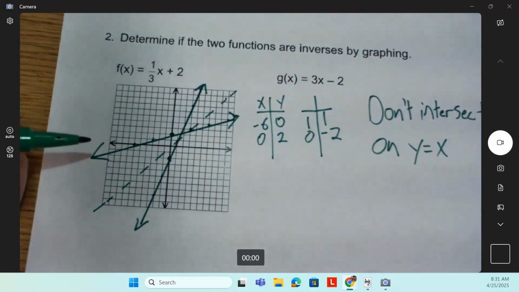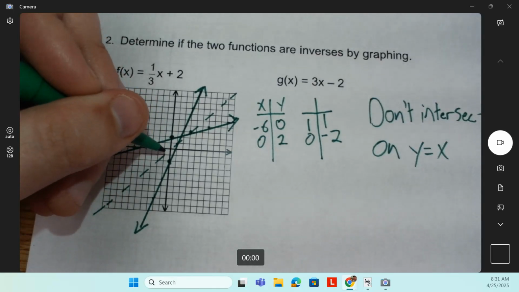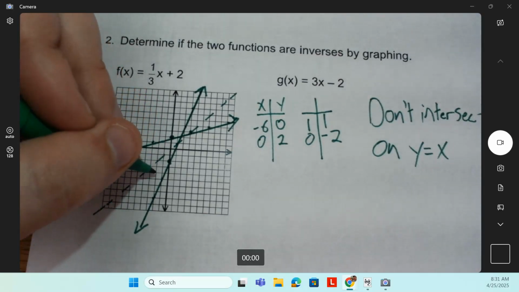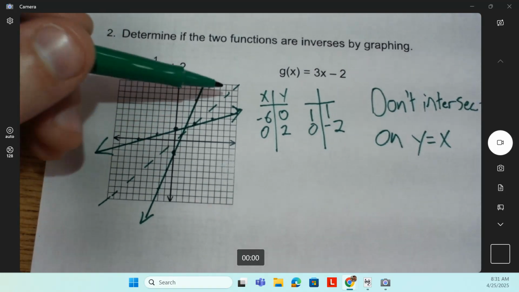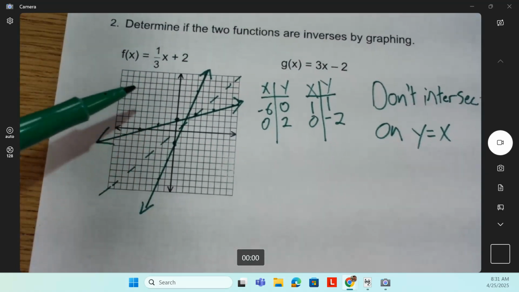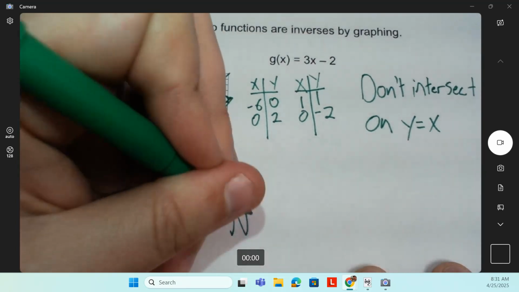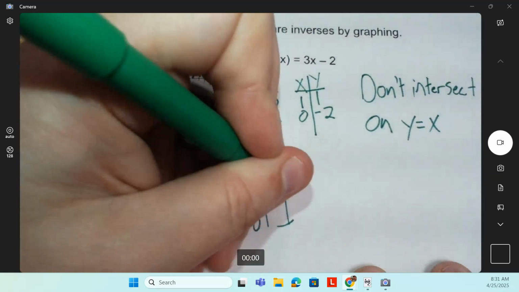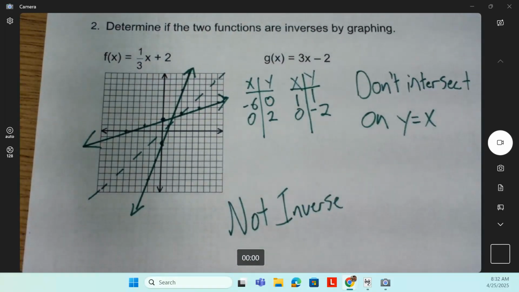If we're drawing it accurately enough, if we see this one has a point of 1, 1, then this one doesn't, that's really enough to tell us that's not going to be inverses. But doing our tables here is just a little double check. So those would be not inverse functions of one another. They look close, but not quite there.